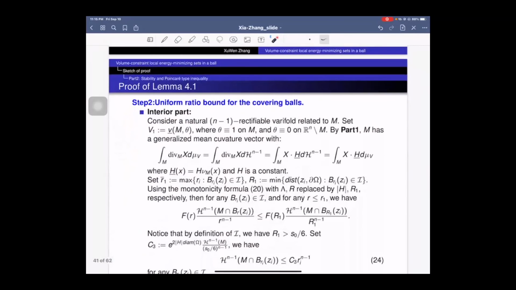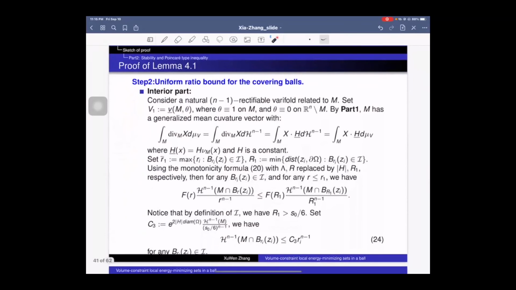And now for the interior covering balls, we view M as a rectifiable varifold. And we can see that by part 1, M has a generalized mean curvature because this formula holds in part 1.